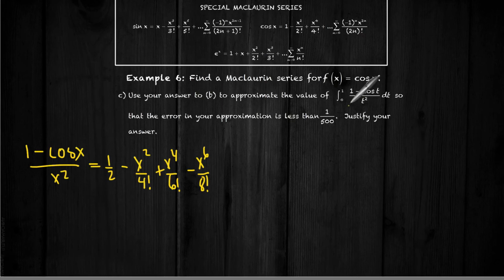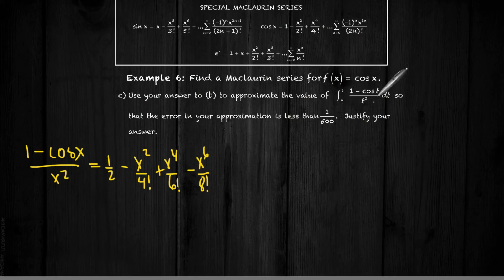Now, just keep the big picture as far as what we've been doing in mind here. We have written a polynomial that closely approximates this function. Here is the value in that. Let's say we have a function like 1 minus cosine of t over t squared that we absolutely cannot integrate by hand, but we would like to figure out what the value of the integral is from 0 to 1.